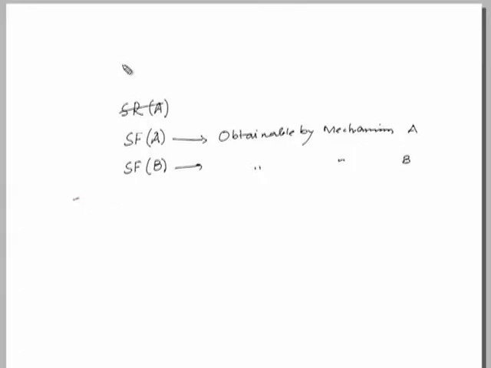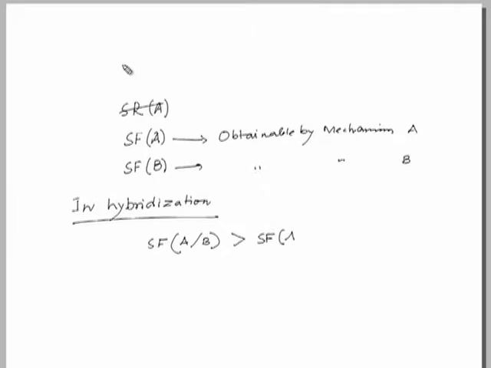Then, in case of hybridization, the surface finish obtainable by A with the assistance of B should be greater than the surface finish obtainable by only A. Similarly, the surface finish obtainable by B with the assistance of mechanism A should be greater than the surface finish obtainable by mechanism B alone.